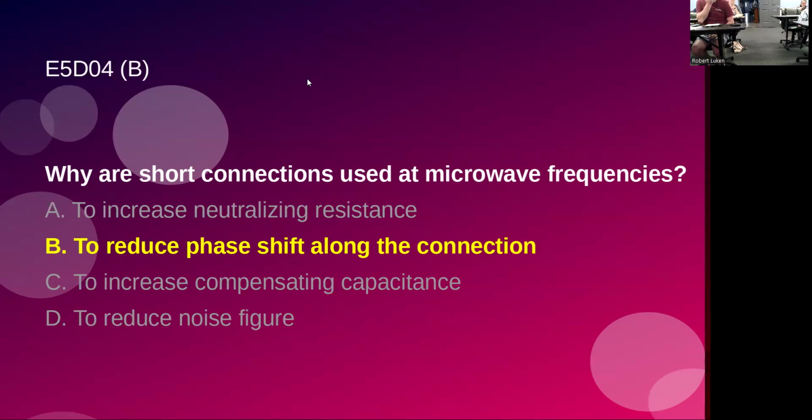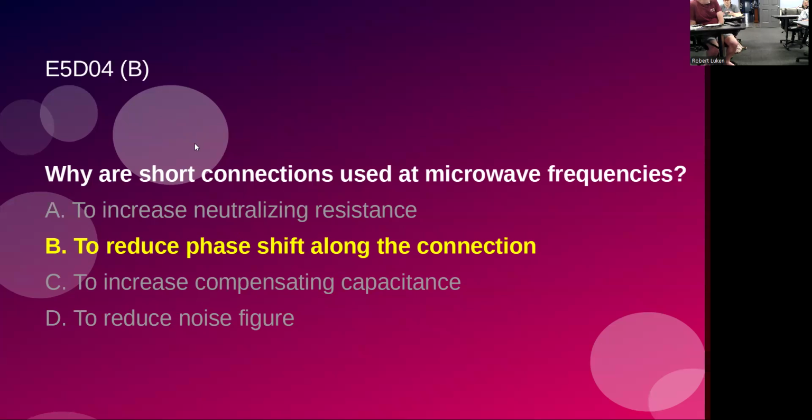When you get into microwaves, you're talking about wavelengths that are fractions of a meter. You're down to below centimeter wavelengths. Even at UHF, 70 centimeters is what, 16, 18 inches, something like that. And those short connections reduce the reactance, which in turn causes the phase shift.